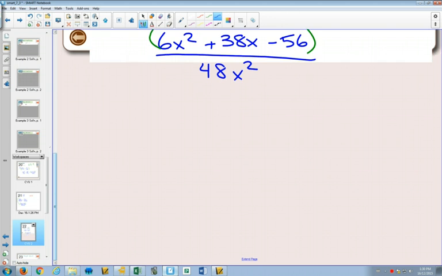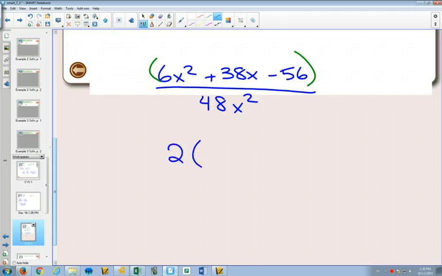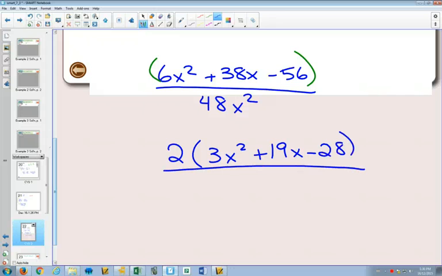So if I take out a 2, that'll leave me with 3x squared plus 19x minus 28 all over 48x squared. Now you can look, because there's multiplication here, you've separated the top into 2 separate factors. And if I look at the 2 and the 48, yes, now I can simplify that.